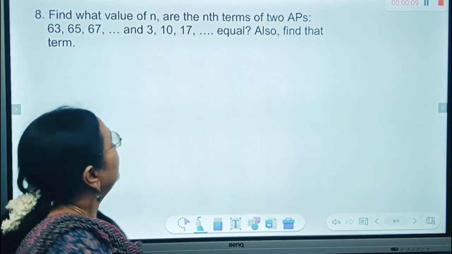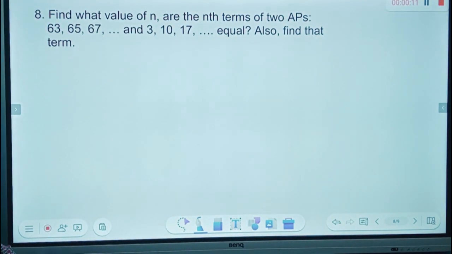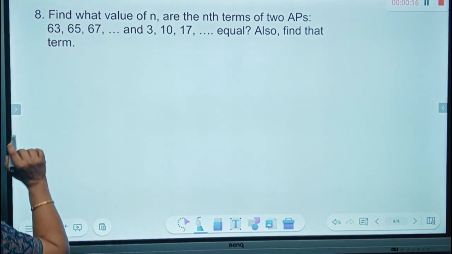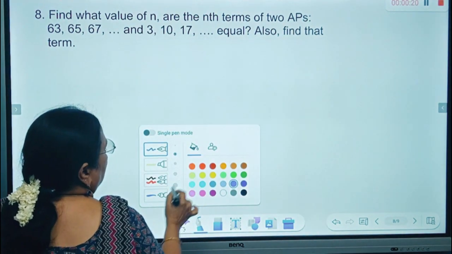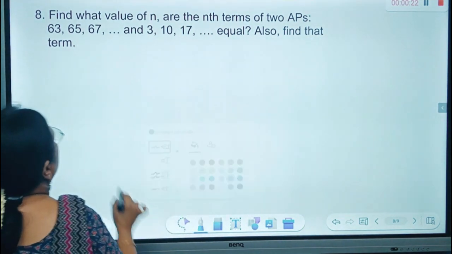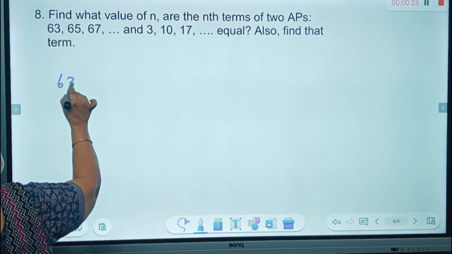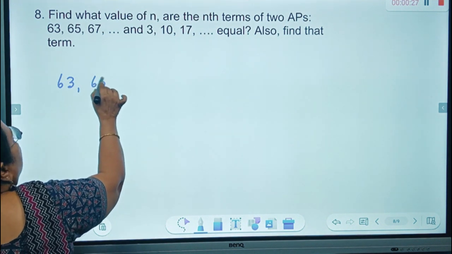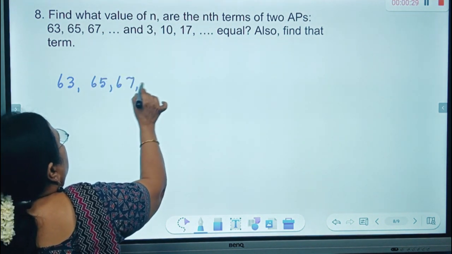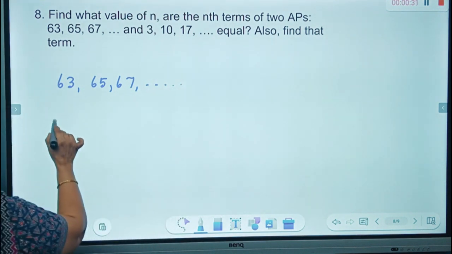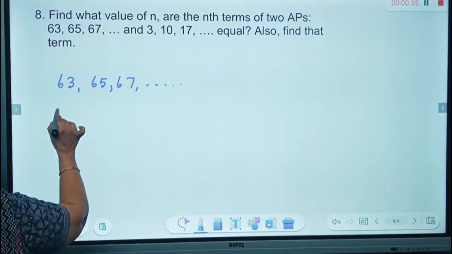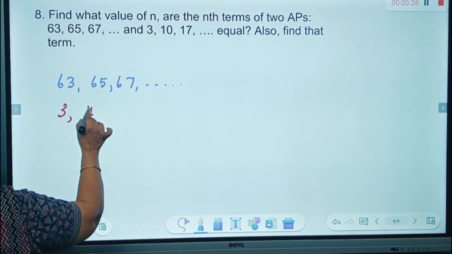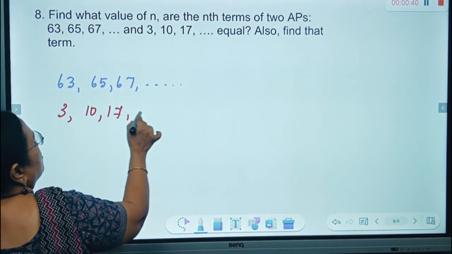To the next problem. For what value of n are the nth terms of two APs equal? So we have two APs. The first one is 63, 65, 67, etc. The other one is 3, 10, 17 and so on.